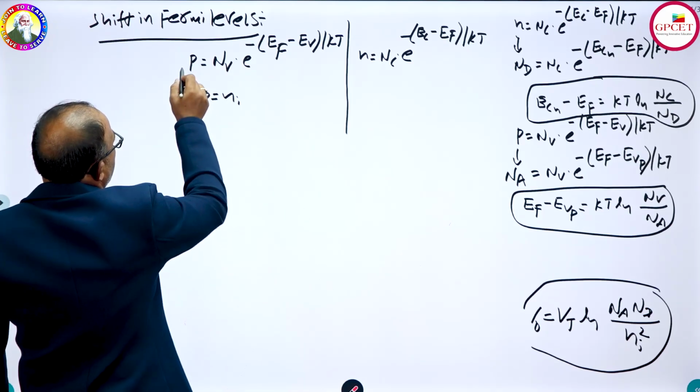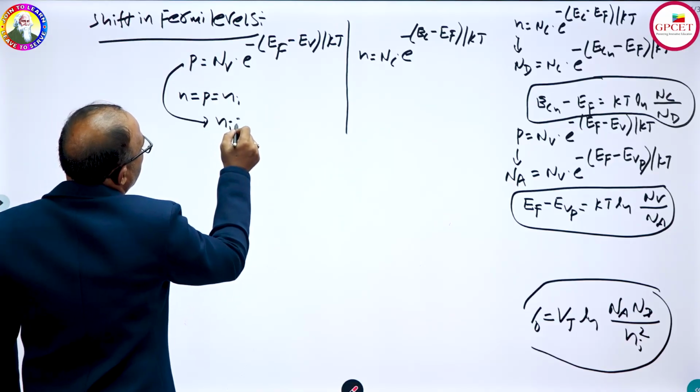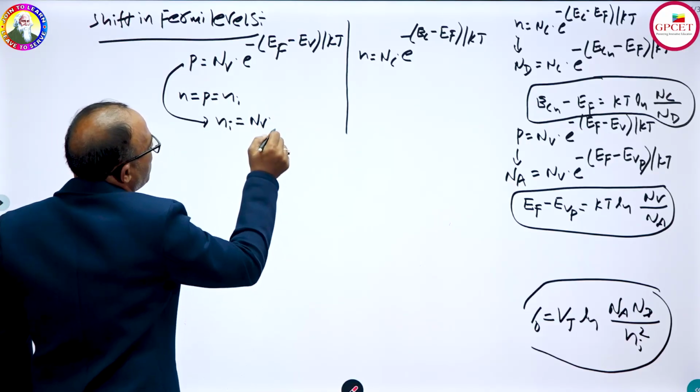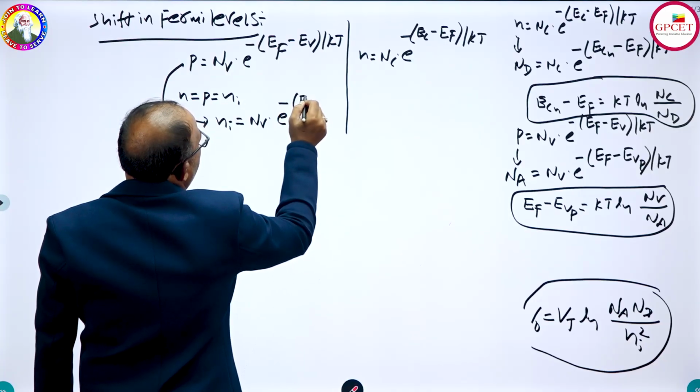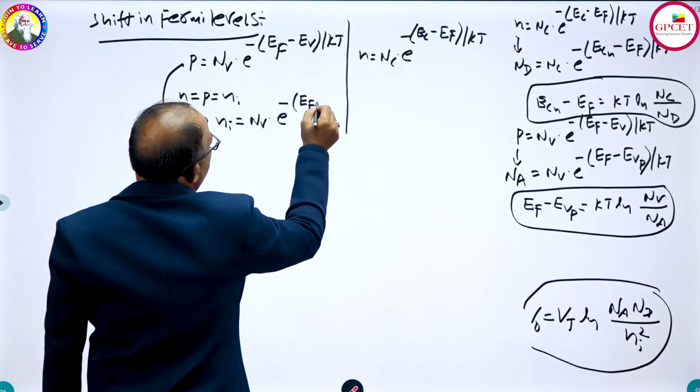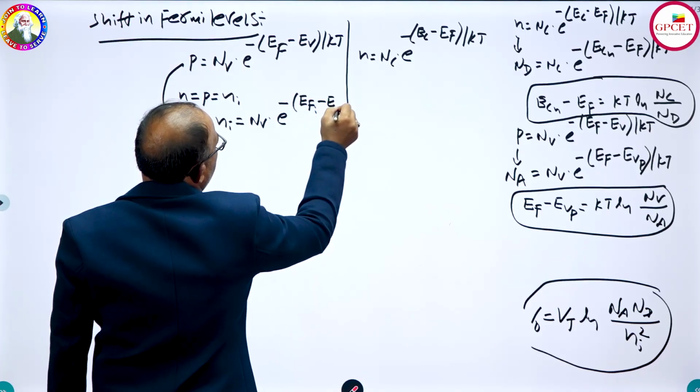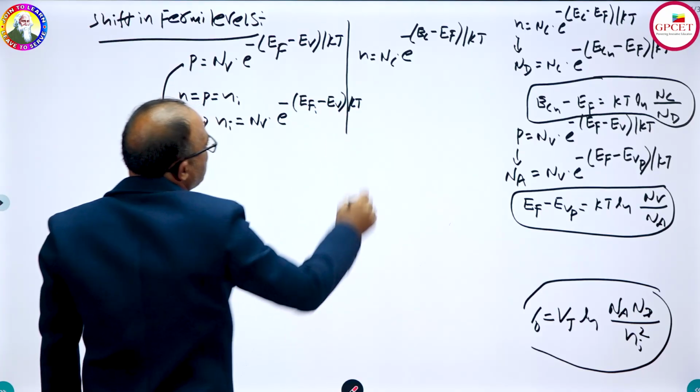So I can write this one as Ni is equal to Nv into e power minus of EFI, the intrinsic Fermi level, EFI minus EV divided by kT.